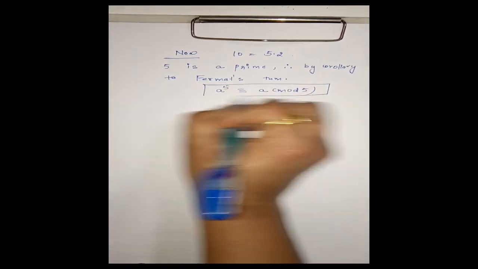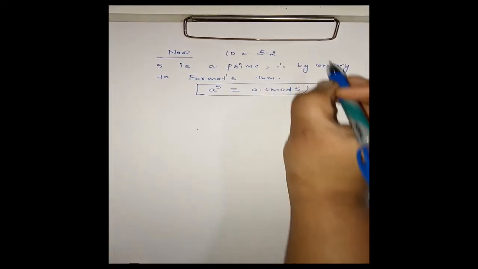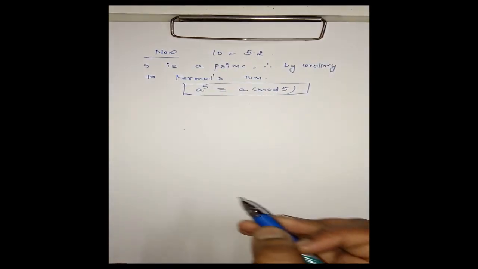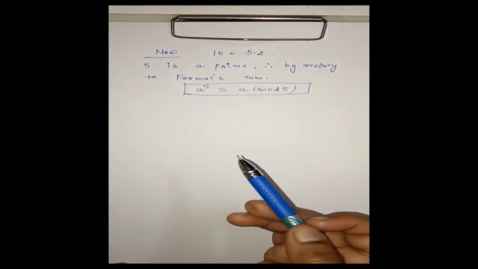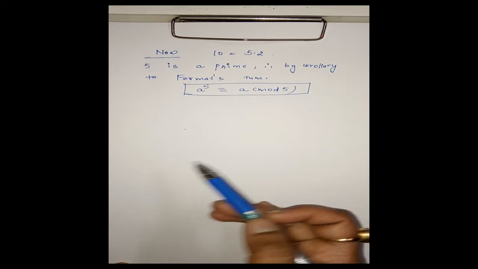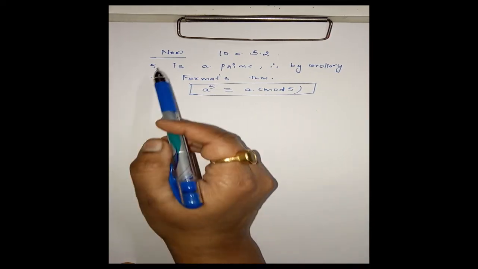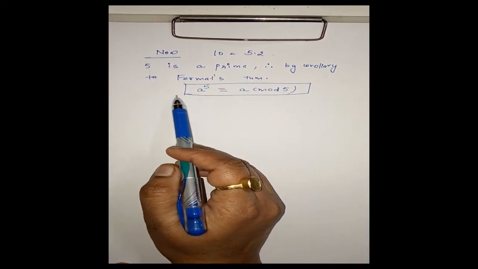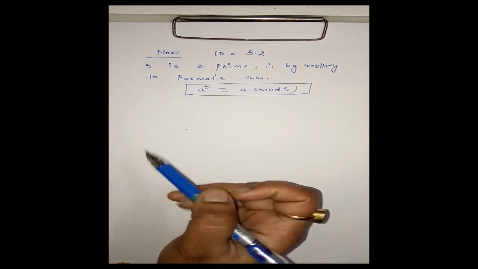Clear? In the corollary to Fermat's theorem, we don't require that 5 doesn't divide a. This type of condition is not required. If 5 is a prime, then for any integer a, I can write this congruence.